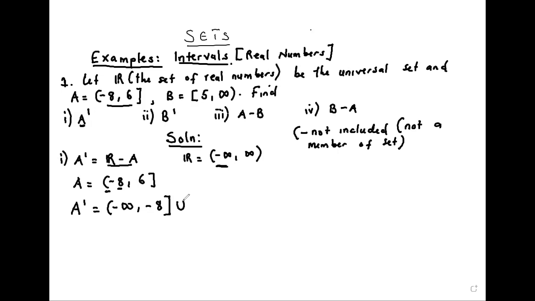Union, you skip everything from -8 all the way up to 6. Now you pick 6. 6 is a member of A. It's included there, so this means included, a member of the set.